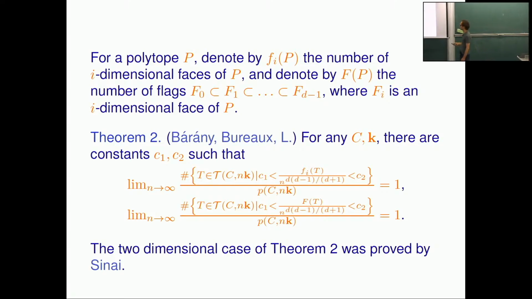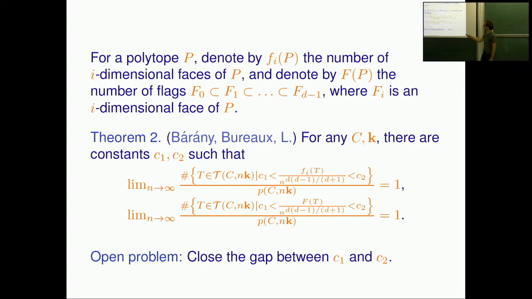And so I say close the gap between C1 and C2, but obviously if you were to do that, C1 and C2 would then have to depend on exactly which problem you're dealing with. The only reason we get away with only using two constants here is because our bounds are quite crude.